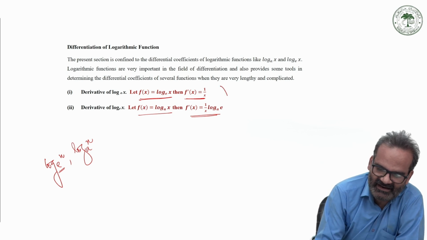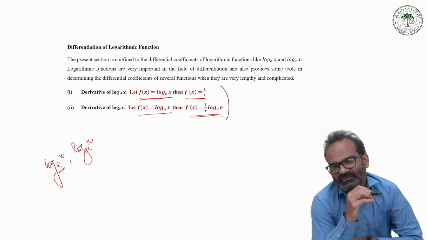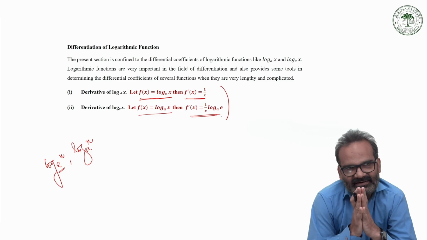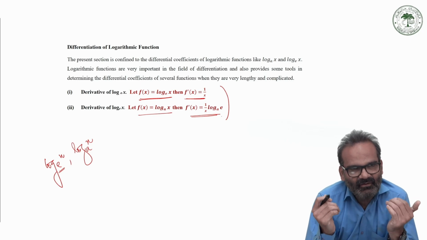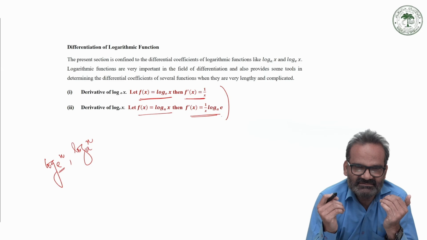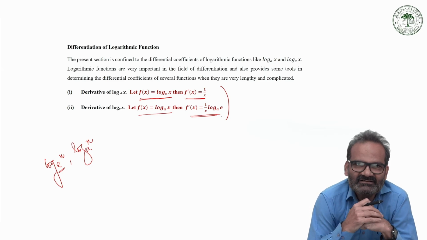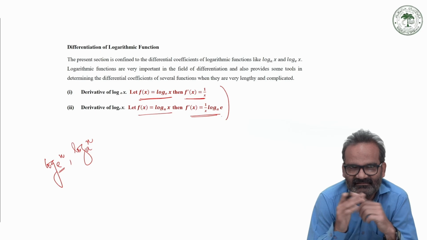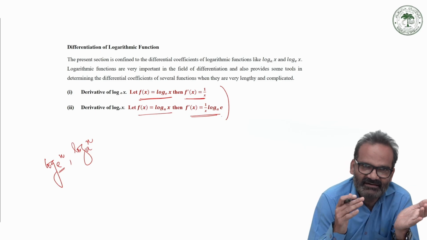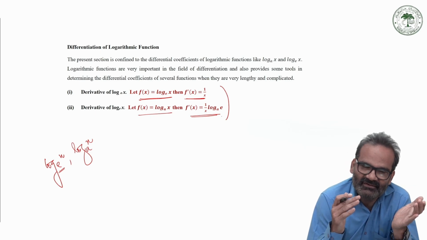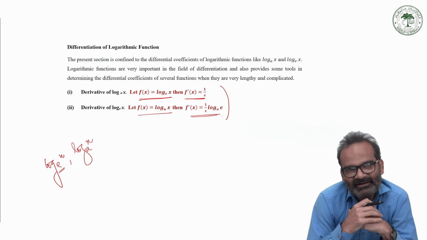So like exponential functions, we also have two formulas to find the derivative of all logarithmic functions. And you all know that logarithmic and exponential functions are inverses of each other. This we should also keep in mind. That is why we have two formulas for exponential and the remaining two formulas for logarithmic functions.